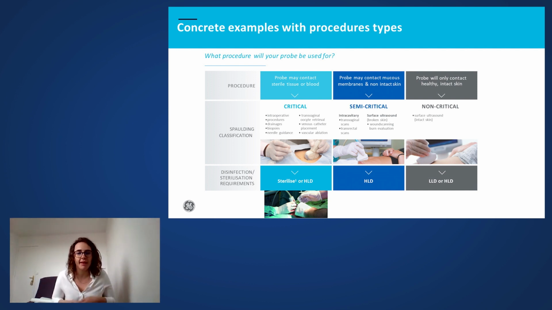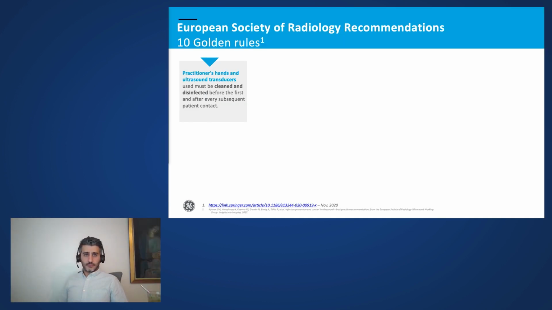Yeah, that's clear. Can you share with us what ultrasound societies and national health authorities in countries say about probe disinfection? Sure. The newest recommendations that came out in November 2020 from the European Society of Radiology, they came out with 10 golden rules.